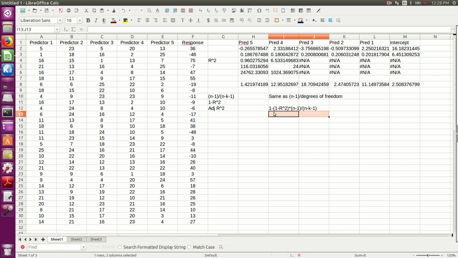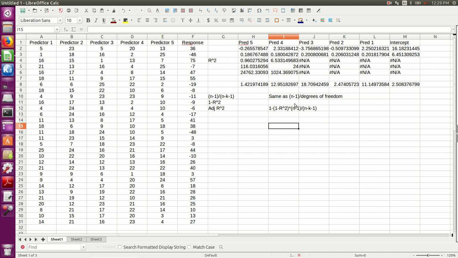It's 1 minus R squared times n minus 1, where n is our number of rows, divided by n minus k minus 1, where k is the number of predictor variables. Now, this bottom part, n minus 1 over n minus 1 minus k, is the same as taking n minus 1 divided by the degrees of freedom right here, the 24.